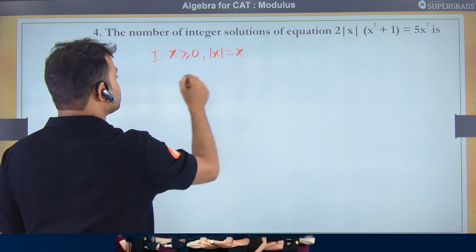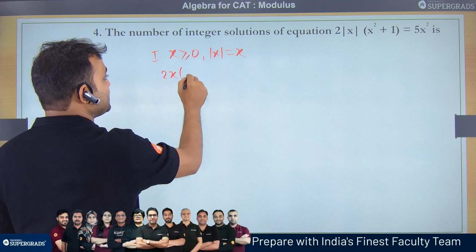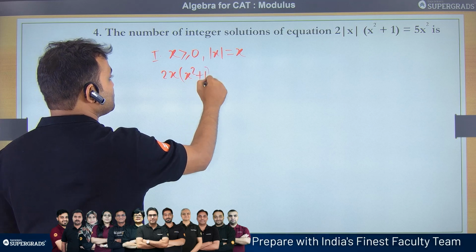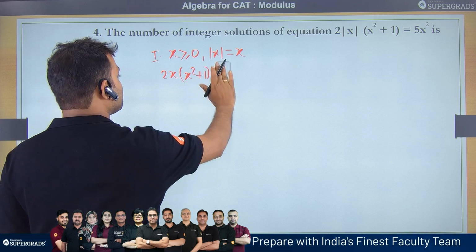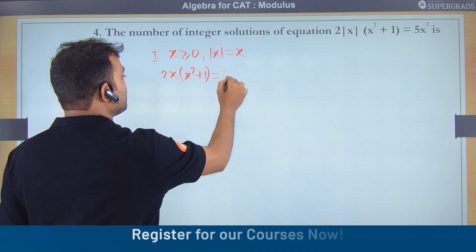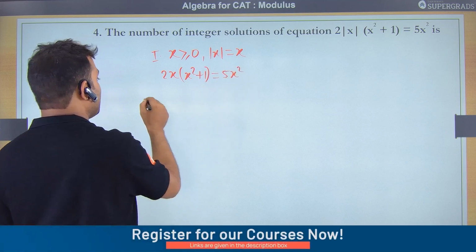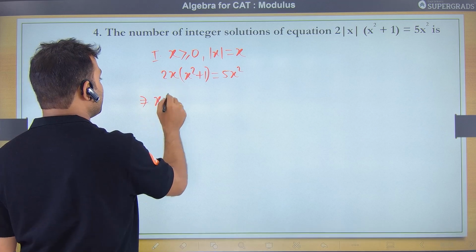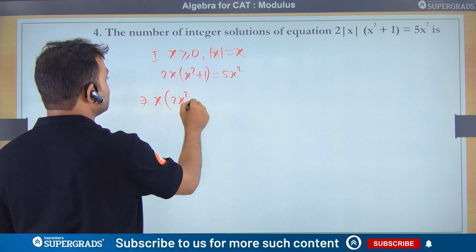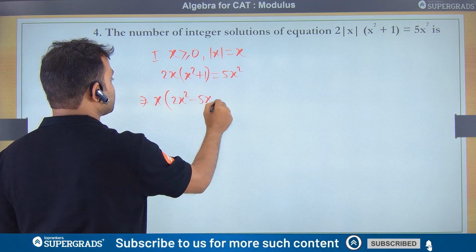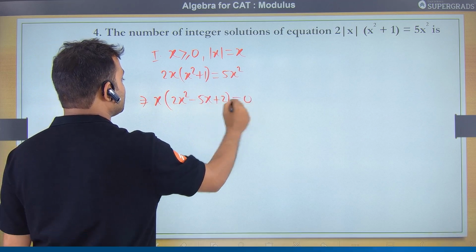In that case, this equation will be 2x into x square plus 1 is equal to 5x square. Now, if we solve this, take x common, this will become 2x square minus 5x plus 2 is equal to 0.